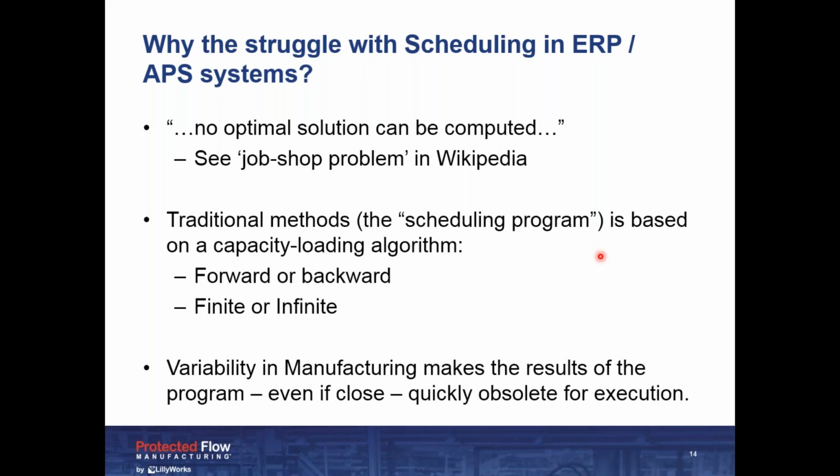That's what we hear. The fact is that in manufacturing, to put it nicely, stuff happens. You all probably live this every day, so you know there's a lot of variability.